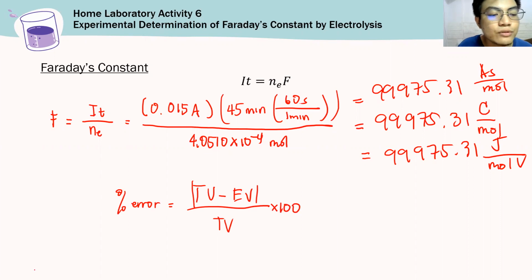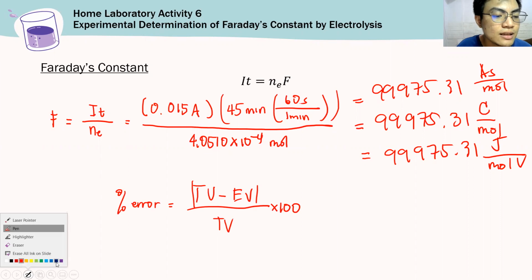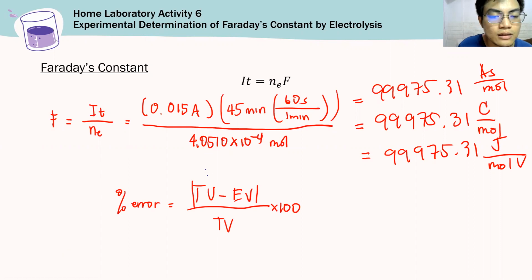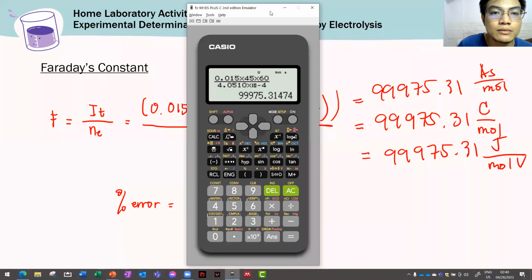So remember, the true value of our Faraday's constant is 96485, right? And our experimental value here is 99,975. So let us solve for the percent error of our experiment.